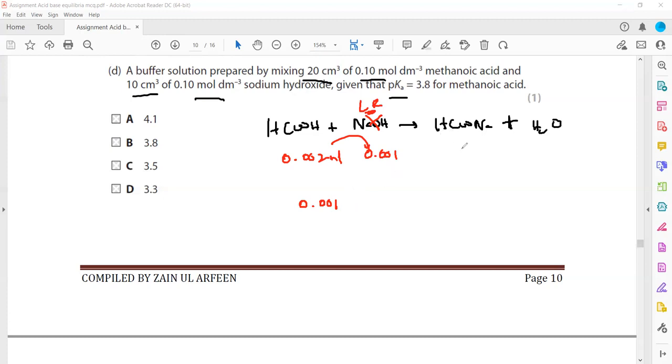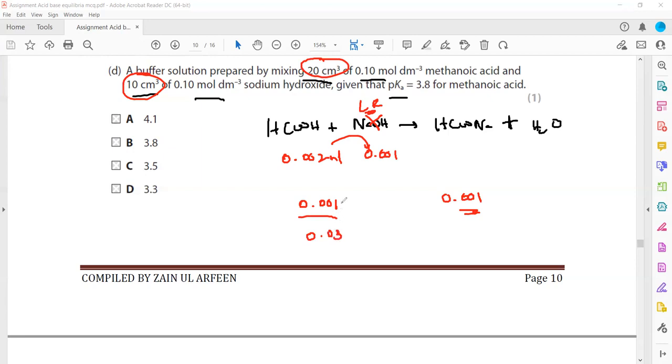And the moles of the salt formed is also 0.001. Now, when we mix them, we need a new concentration. We mixed 20 cm cube with 10 cm cube, so the volume is 30 cm cube, which is 0.03 dm cube.